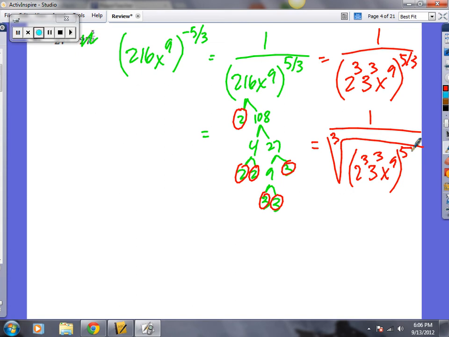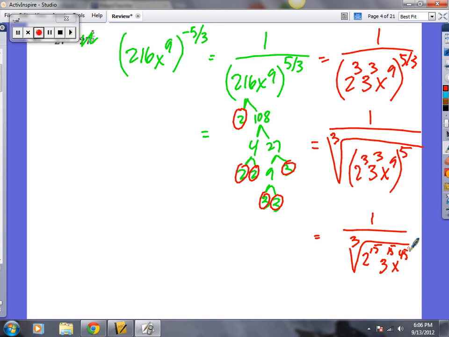Okay, so I need to take that 5 to everything in the parentheses, so it's going to be 2 cubed to the 5th, and 2 cubed to the 5th is going to be 2 to the 3 times 5. So it's going to be 2 to the 15, 3 to the 15, x to the 45. Alright.